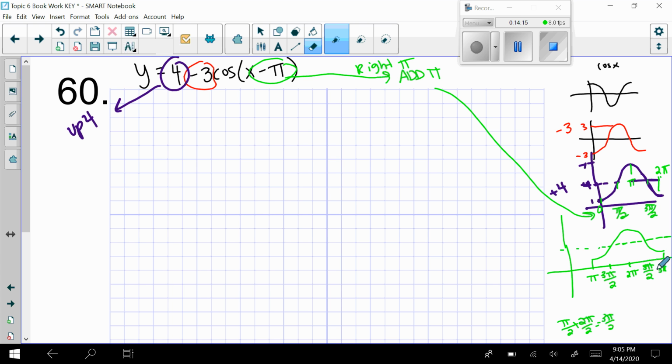So it's looking like we can go up by pi over 2's. That depends on how far you want it spread out. I'll spread it out a little more. It's pi over 2.